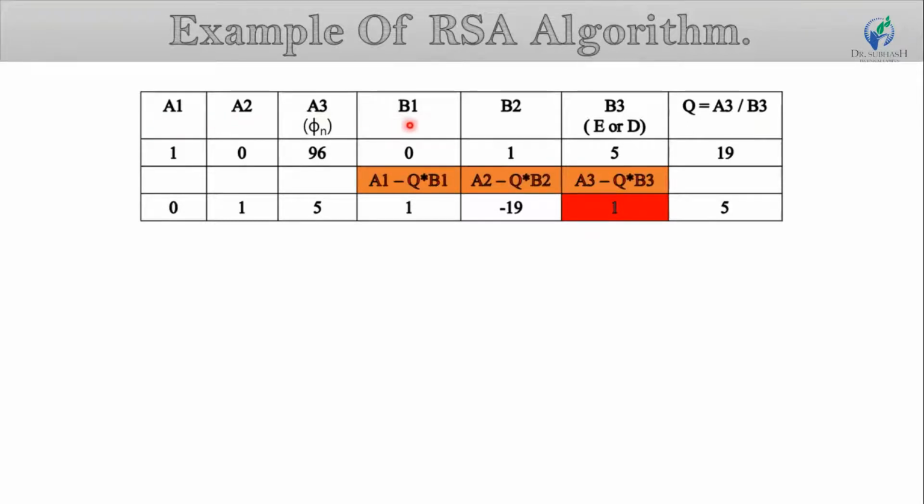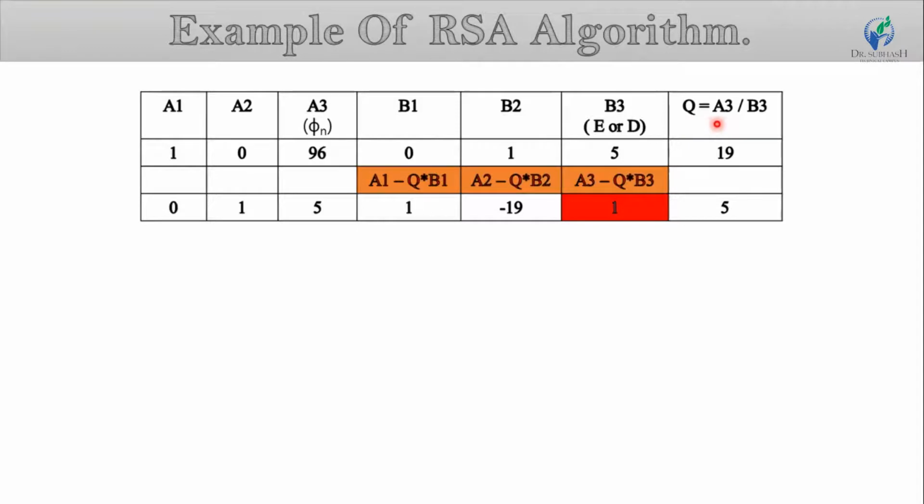So B1 is 0 and B2 is 1. We know the value of E, so we put that value in B3. So B3 is 5.